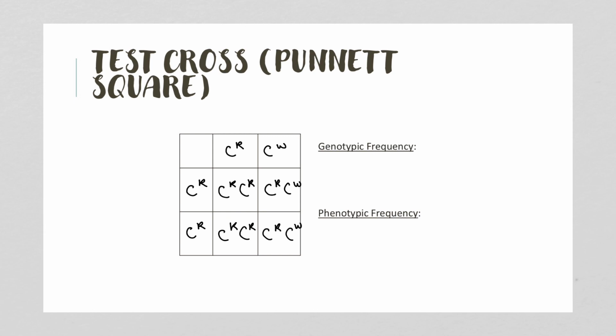So our genotypic frequency: 50% will be C^R C^R, and 50% are C^R C^W, which translates to 50% should be red and 50% should be roan or spotted.